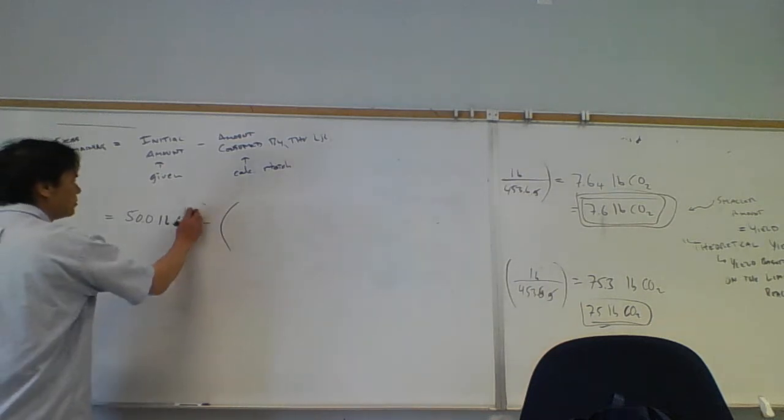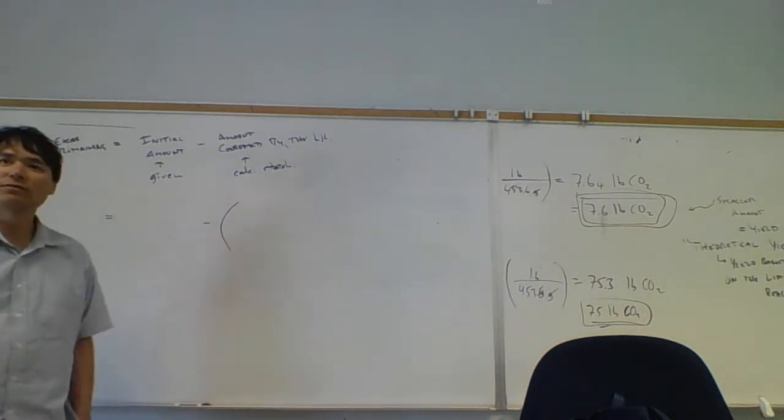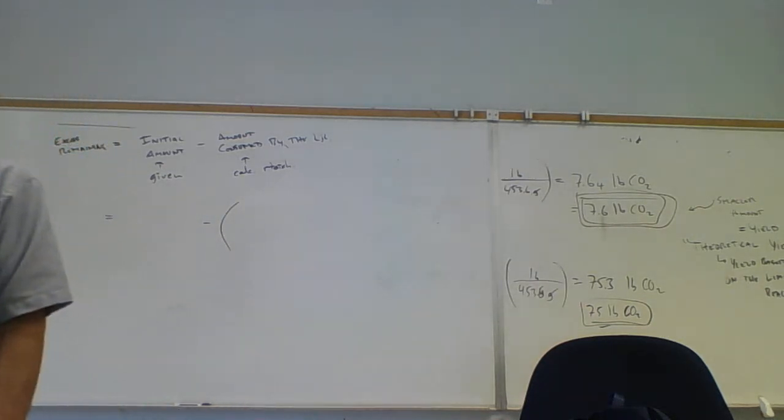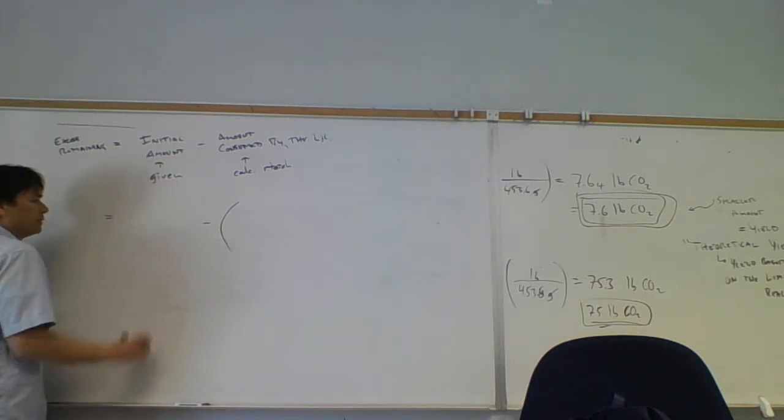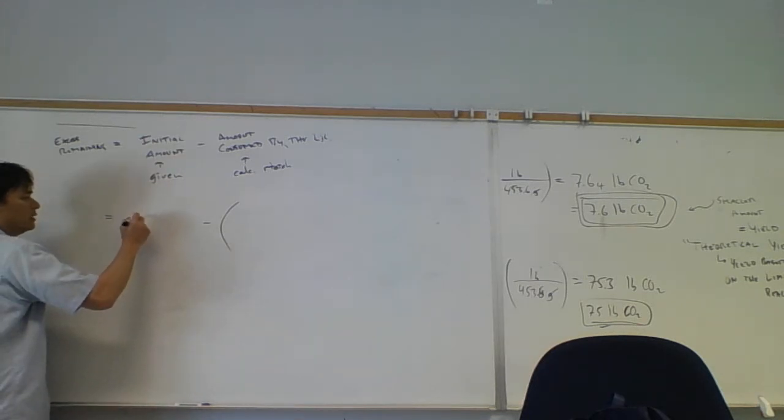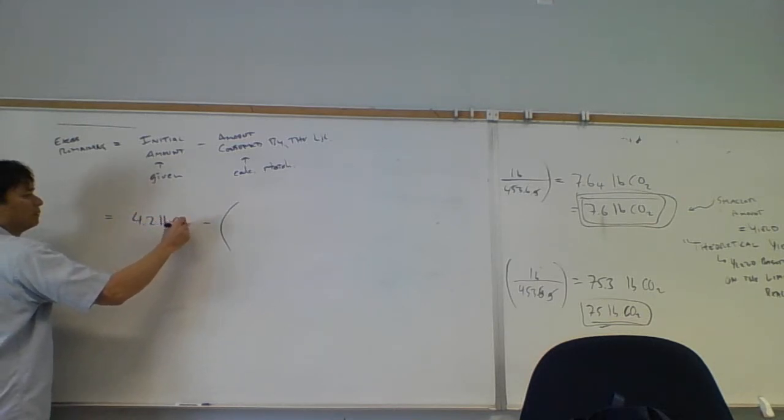It was the air. I have this wrong then. How much air is going to be left over? How much limiting reagent? Zero. There's nothing left over. We used all of it. And so the amount of limiting reagent that's left over is zero, always. And so the excess reagent here is the 4.2 pounds of methane.